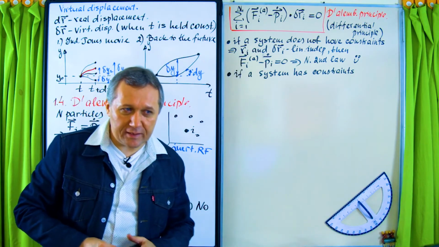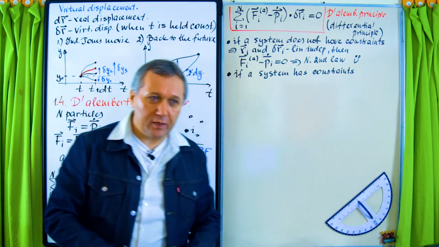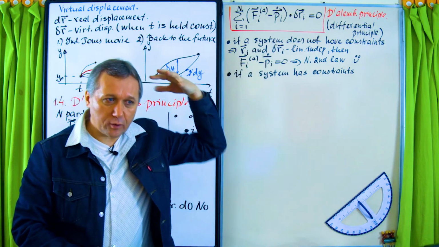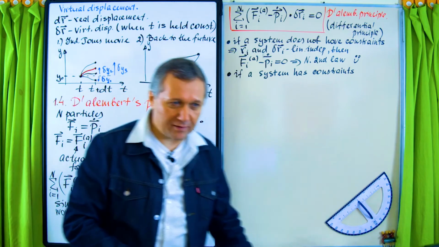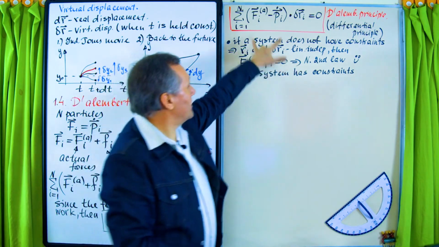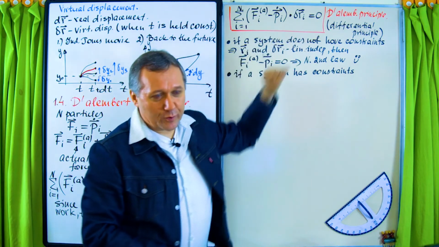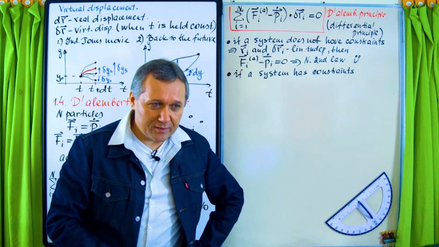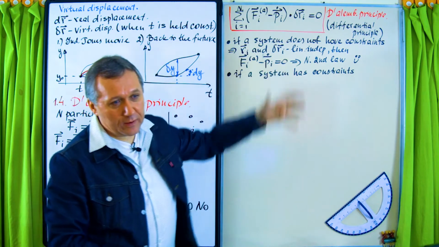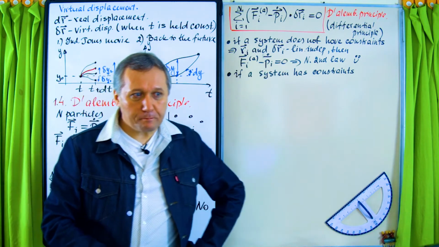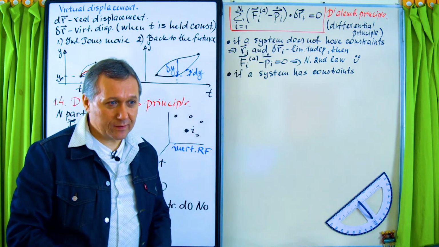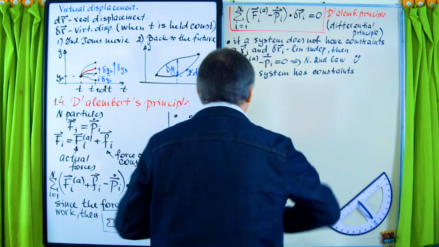The number of linearly independent coordinates is going down. So now we can say that Ri and delta Ri are no longer linearly independent. And in that case, we cannot say that these factors in front of those virtual displacements must be 0. No way. We can say that only if those guys are linearly independent. You remember, it's basically linear algebra.